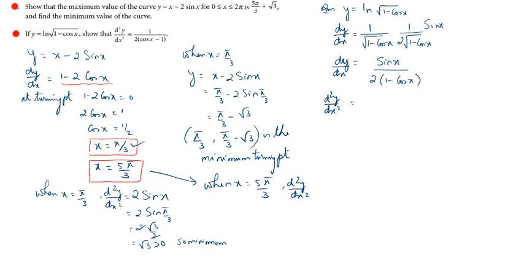So this becomes 2 into 1 minus cos x into cos x, minus sin x into 2 sin x, upon 2 into 1 minus cos x the whole squared, which will be 4 into 1 minus cos x the whole squared.